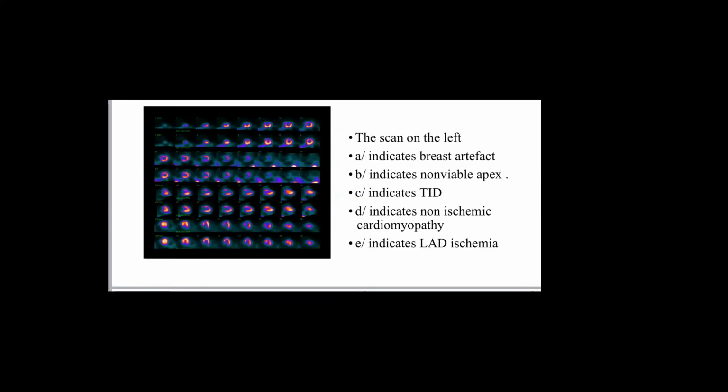The one on top is the stress. Okay? So here I have reversible ischemia, right? There is reversibility in the anterior wall and the apex. So this indicates LAD ischemia. That's LAD ischemia, exactly. Yes.